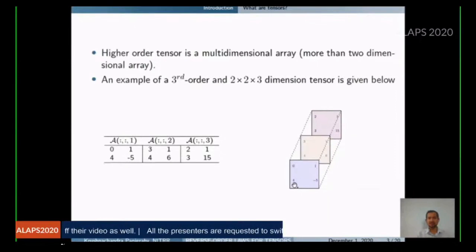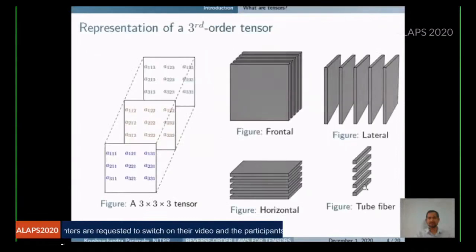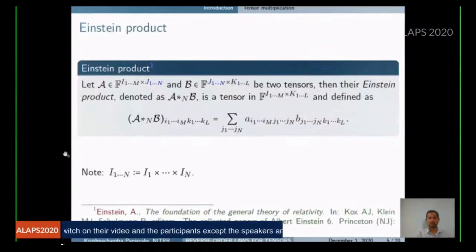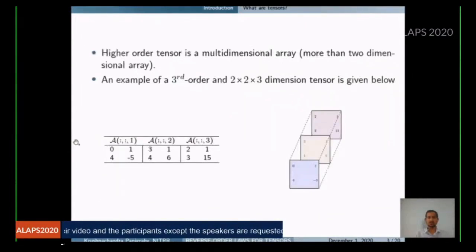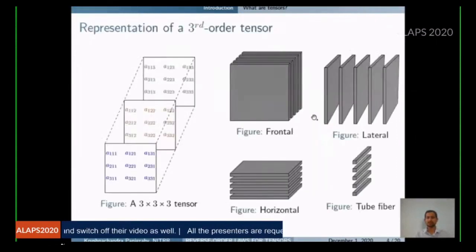And another horizontal slice here is 4, minus 5, 4, 6, 3, 15. Next, the tube fibers. The tube fibers are the ones we choose singly. That means if we choose 0, 4, then it becomes a tube fiber. If you choose only 0, 3, 2, then it is another tube fiber in this way.